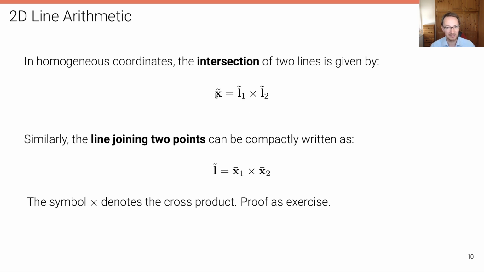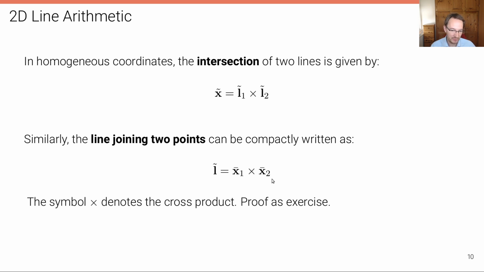What we have is that this point x tilde, everything in homogeneous coordinates, is equal to the first line cross product the second line vector. And similarly, the line joining two points can be compactly written in homogeneous coordinates as l tilde being equal to the first homogeneous point cross product the second homogeneous point.